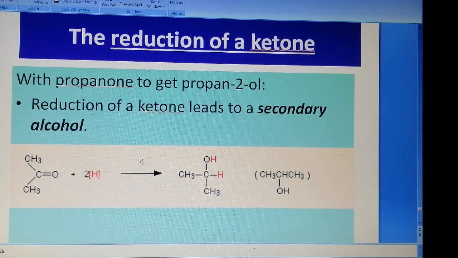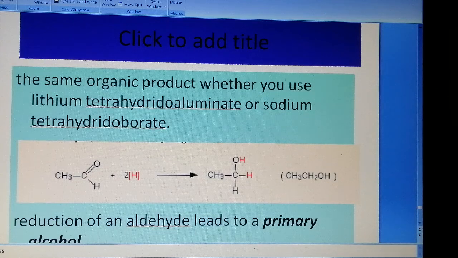And you can write here NaBH4 and LiAlH4. So if you use any of the reducing agents, you will get the same answer. Whether you use lithium or sodium, you will get the same organic product.